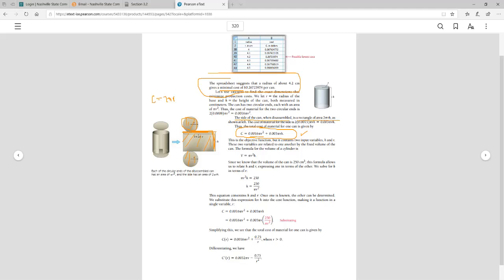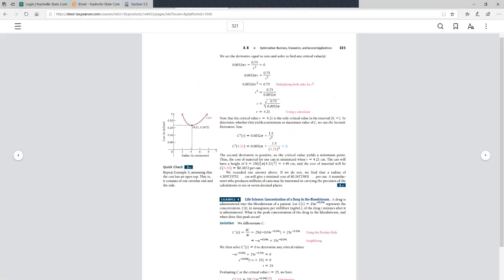And we know the volume of the can is the area of the base, pi r squared times the height. And what they decided to do was they looked at the cost equation. And if you take the derivative of it and set it equal to 0, you can figure out the critical values. So they take the derivative, they set the derivative equal to 0.